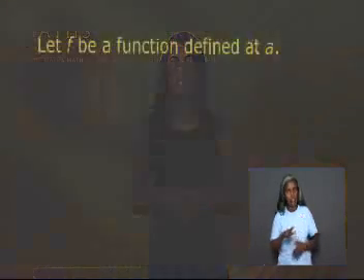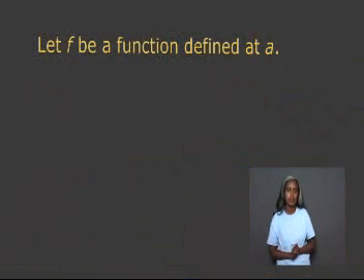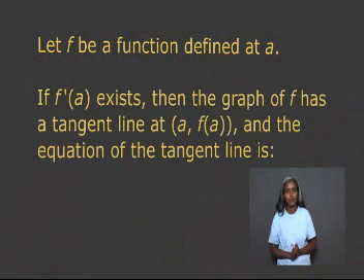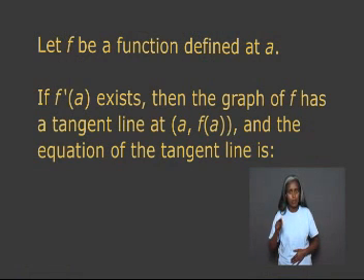Now, let us learn about the equation of the tangent line. Let f be a function defined at a. If f prime of a exists, then the graph of f has a tangent line at a, f of a.